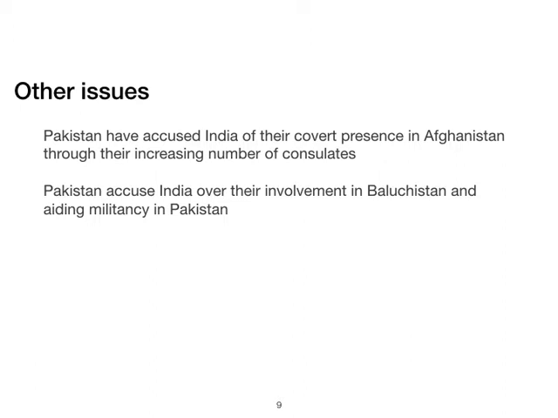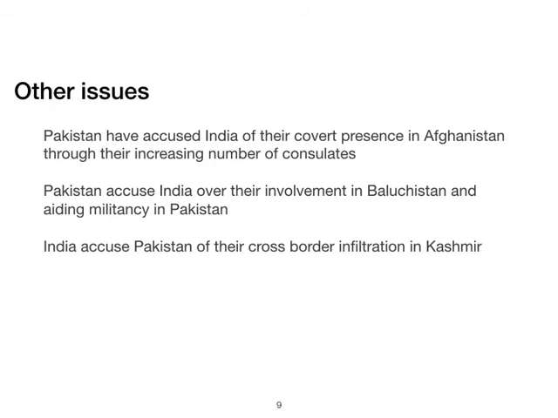Some statements also came forward, and this is what normally keeps coming. Both sides keep accusing each other, and India accused Pakistan of cross-border infiltration in Kashmir through Mujahideen. So yes, there are issues of mistrust when it comes to diplomatic ties between the two countries.